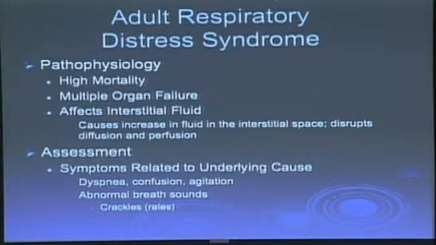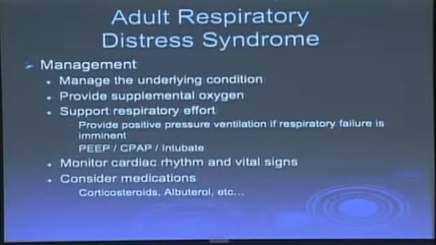Abnormal breath sounds, rales, rhonchi, rales or crackles, and nowadays we had to come up with a different name. How do we manage the adult respiratory distress syndrome? Okay, your underlying condition first.